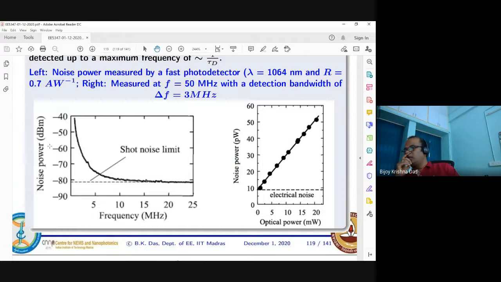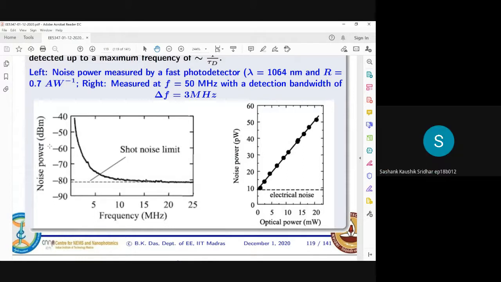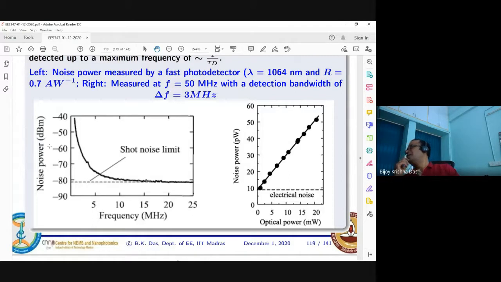Suppose power is normally in watt or milliwatt, right? But here it is shown as noise power in dBm. What does it mean? How to get dBm? I know dB, dBm I don't know. Anyone?